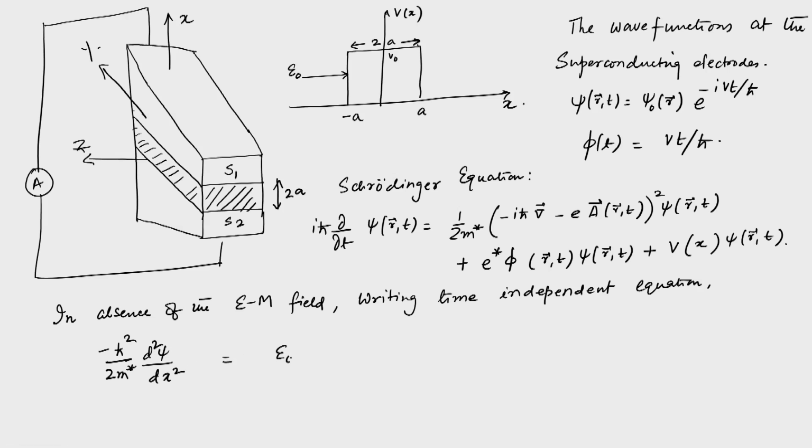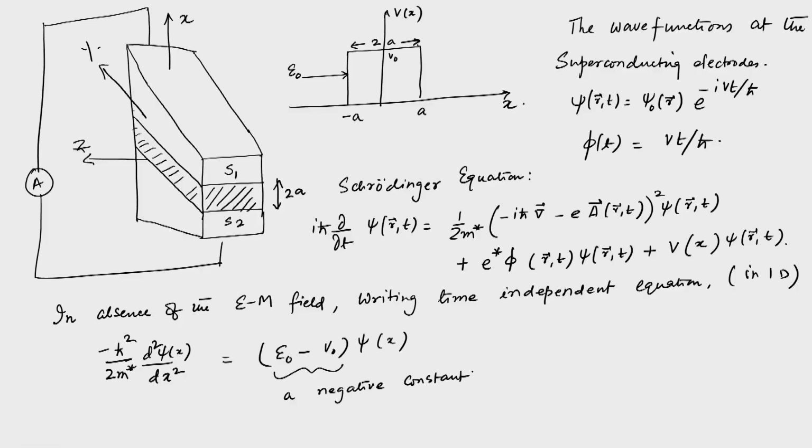This is equal to epsilon 0 minus V 0 times psi. Now this is only a function of x, so we write 1 d. All right. So now you see a negative constant, because epsilon 0 is the energy of the incident particle, and V 0 is the barrier. So this is a negative constant.